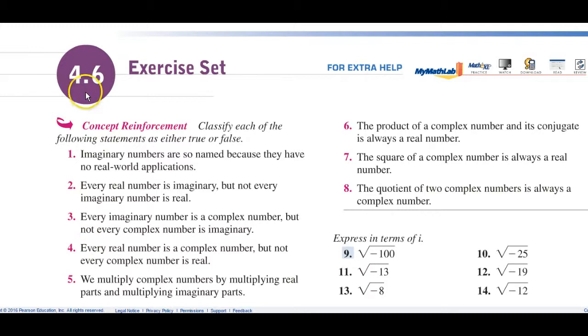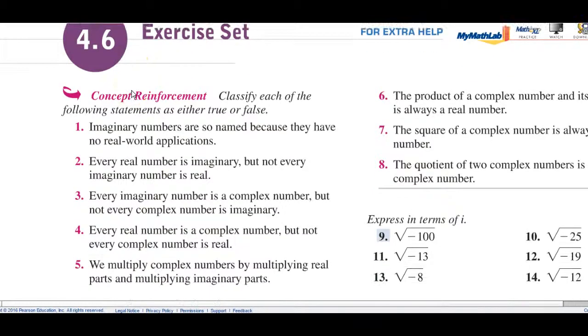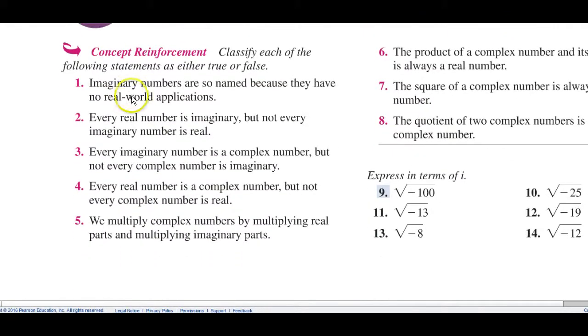And as we look at the exercise set for section 6 of module 4, we're asked to do some true-false. See if we can make it a little bigger here. And we will give assignments.